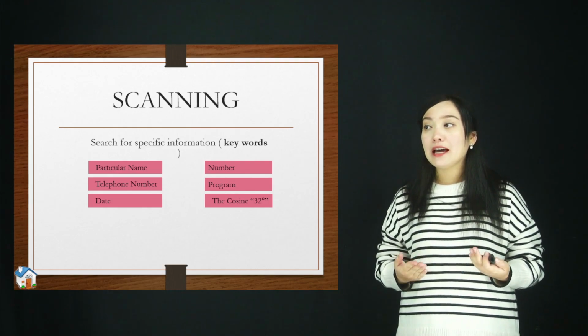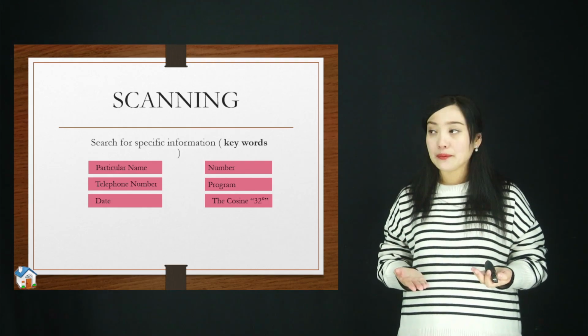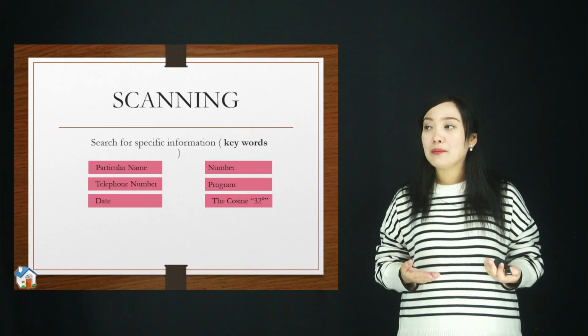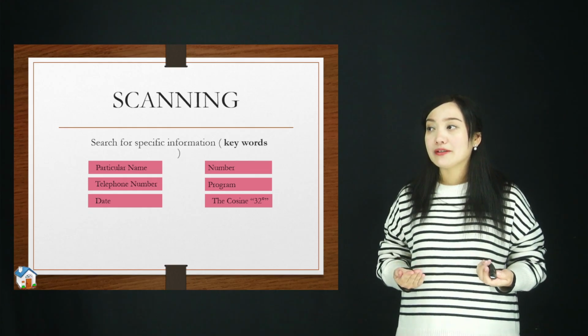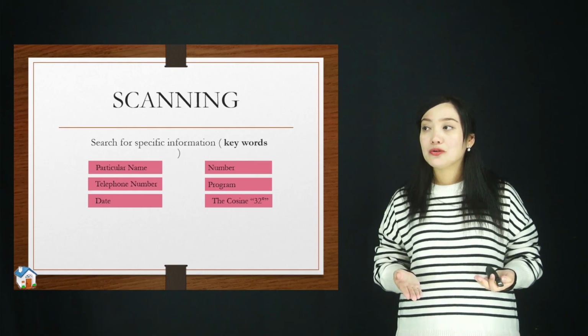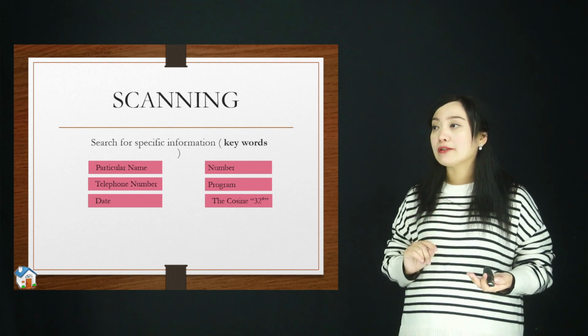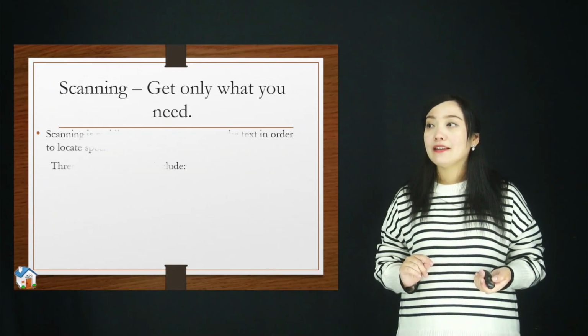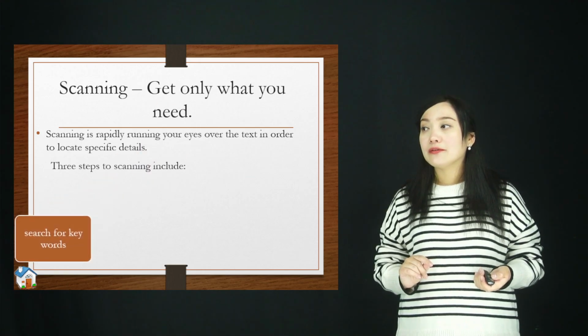For example, that can be a particular name, telephone number, date, or number per program and others. So this is the scanning technique. You should only search for specific information here.